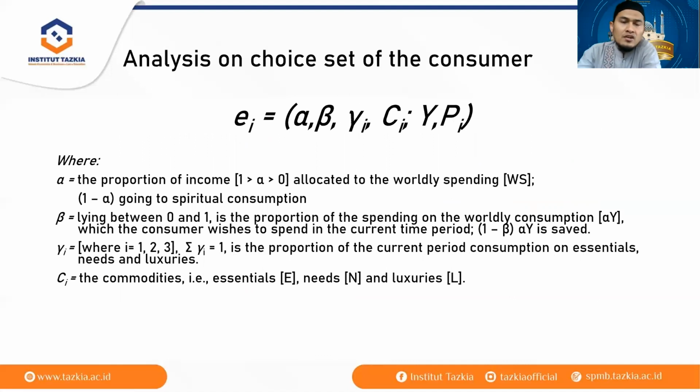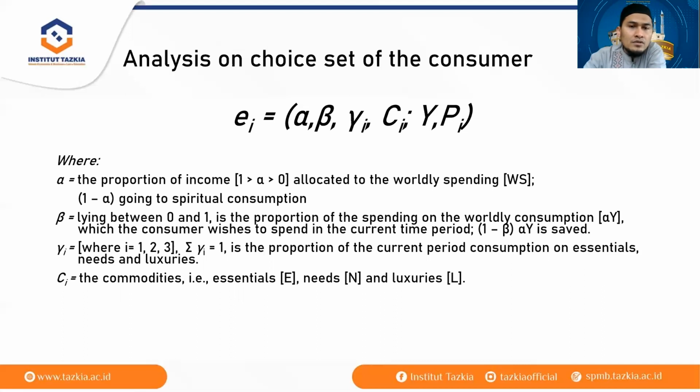When we have this kind of model, this is what we want to emphasize. For example, the proportion of income to be allocated from the worldly spending is going to be like spiritual consumption, exactly equal to the spiritual consumption. Lying between 0 and 1 is the proportion of worldly consumption spending which the customer wishes to spend in the current time period and is saved.